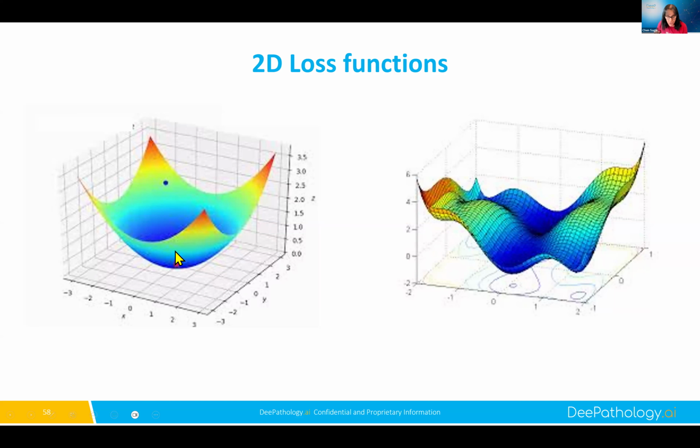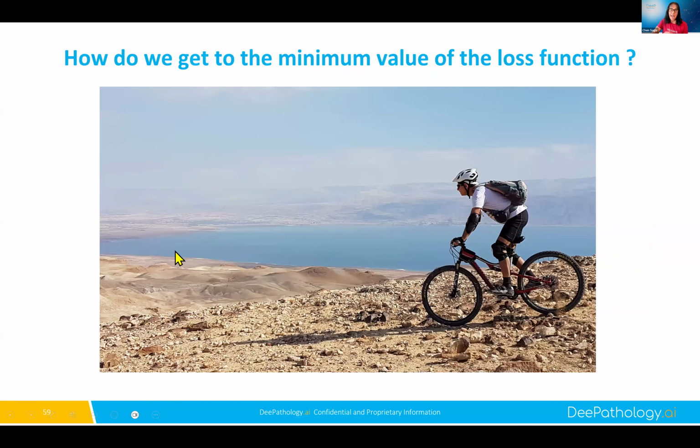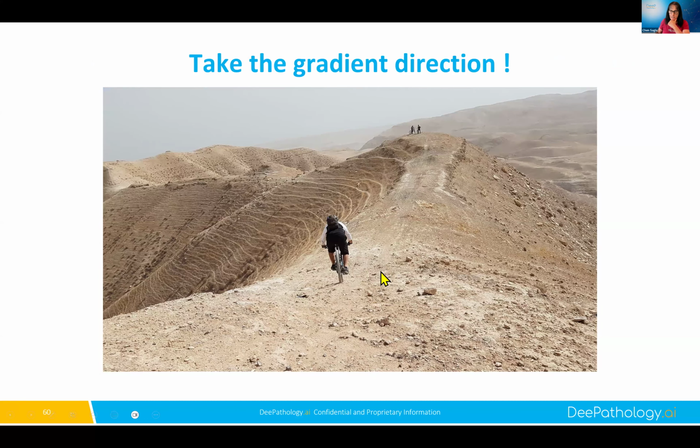Okay, so how do we get to this minimum value? And what you see here is my cousin, who's a very passionate bicycle rider. And here he is aiming to travel close to the Dead Sea. What you see here is the Dead Sea. And since he's a very, very careful bicycle rider, he usually takes the routes which are almost horizontal.